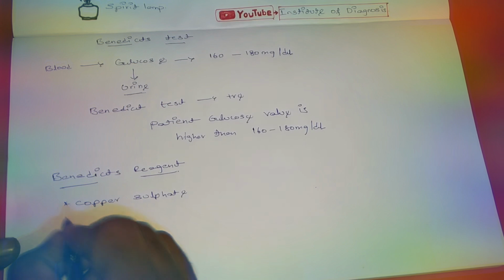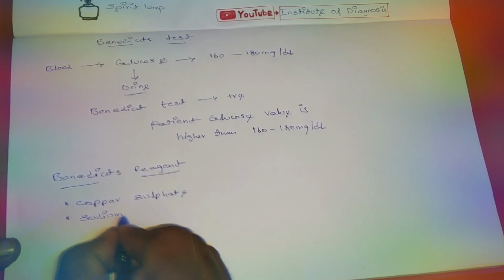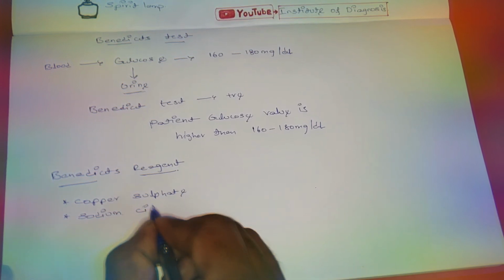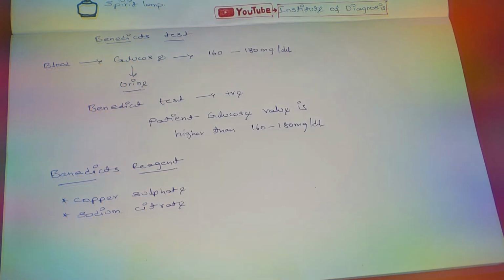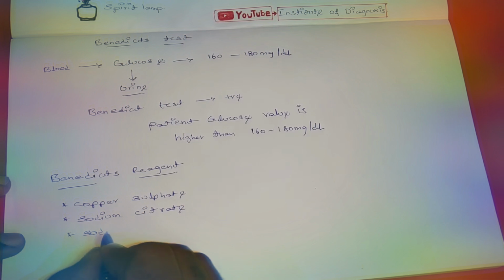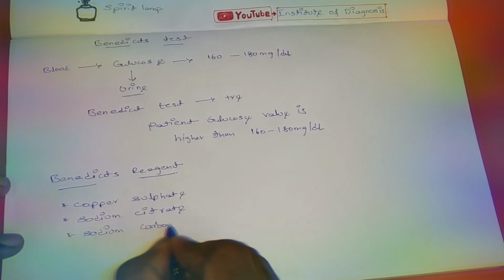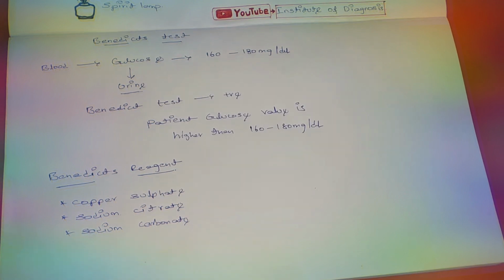Another one is sodium citrate. And the last one is sodium carbonate. These are the three types of chemicals present inside the Benedict's reagent.